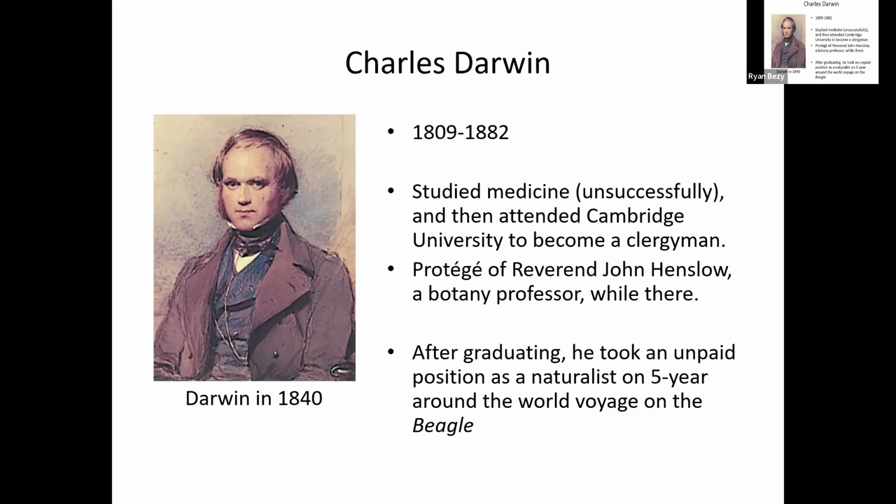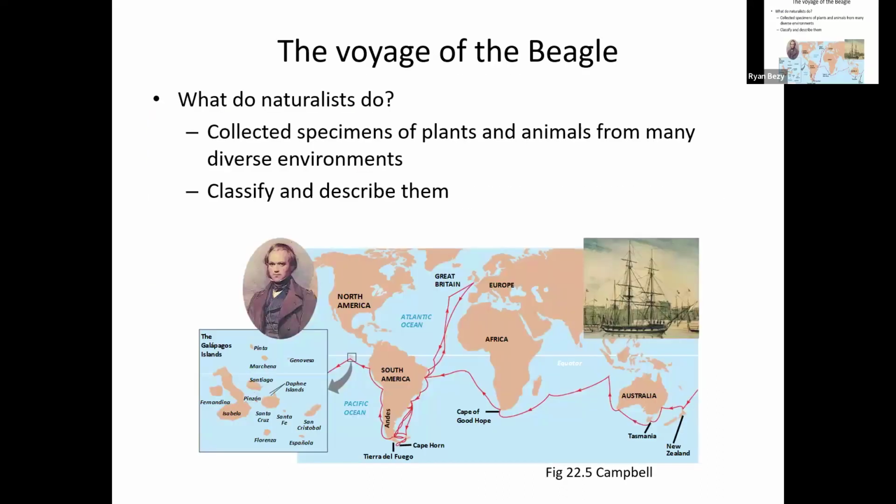At John Henslow's encouragement, Darwin, after graduating, took an unpaid position as a naturalist on a 5-year sailing journey around the world on a ship called the Beagle. His job on the Beagle was basically as a naturalist. He collected specimens of plants and animals, preserved them, and boxed them up.